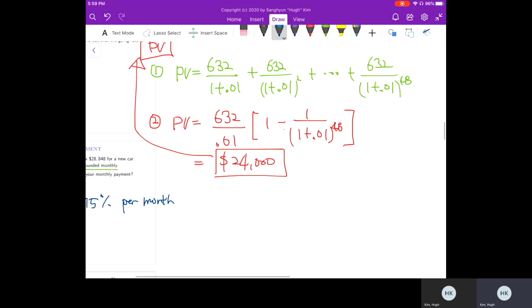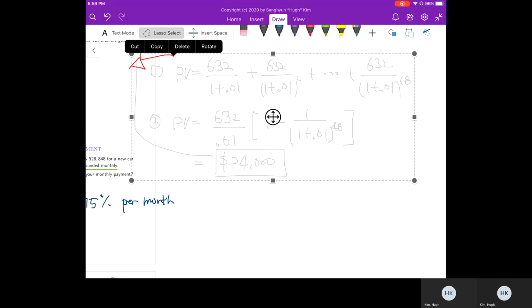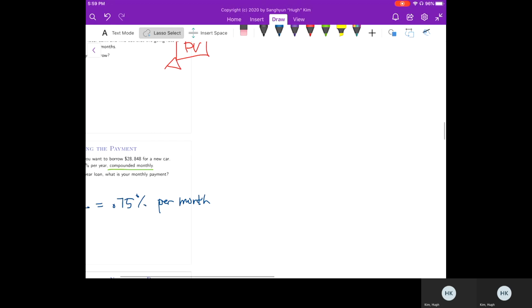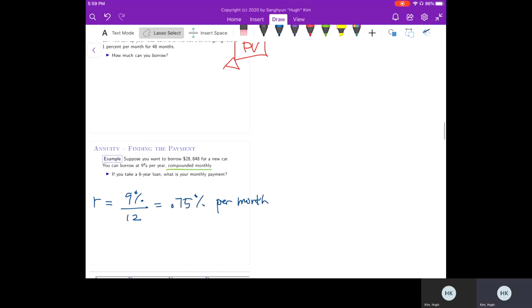So let's draw a timeline. It's important to draw a timeline. You want to figure out your monthly payment. On a 6-year loan, the end date is 72 months.